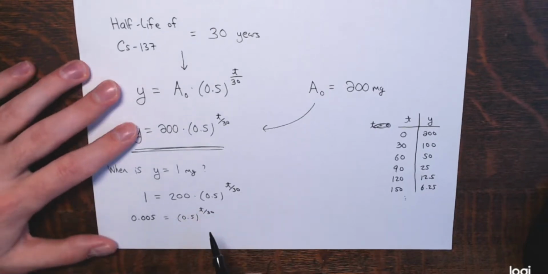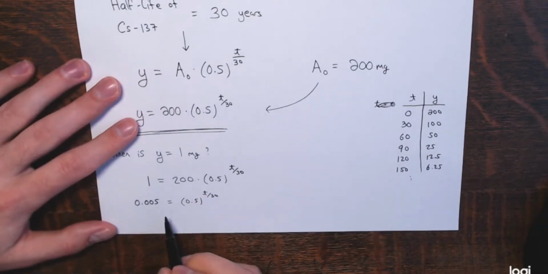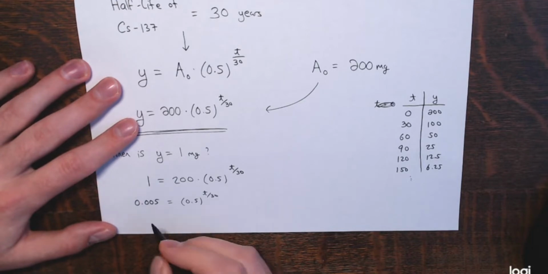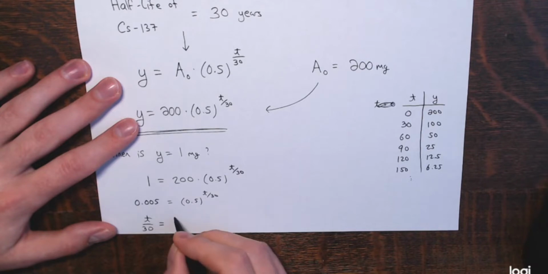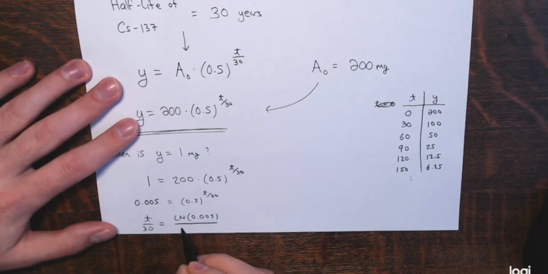And then if you do log form and change of base to natural logs, you'd have t divided by 30 equals the natural log of 0.005, or 1/200th, divided by the natural log of a half. And then I'm multiplying by 30.